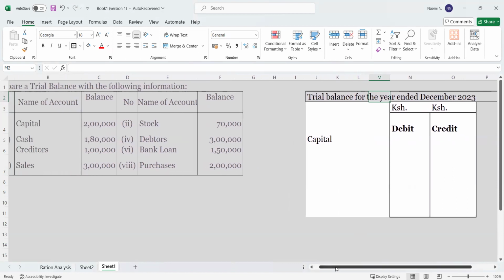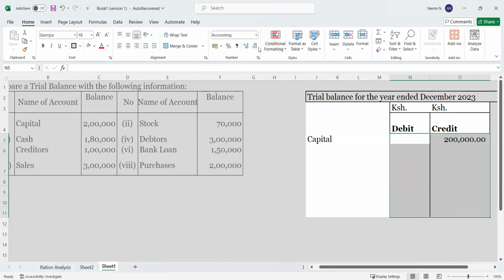We are going to insert the items and discuss whether each is a debit or a credit entry. Something like capital. Capital is a liability to the organization, so that will be a credit. We will register it in the credit column.